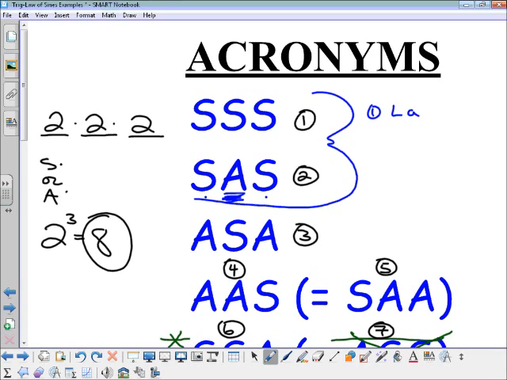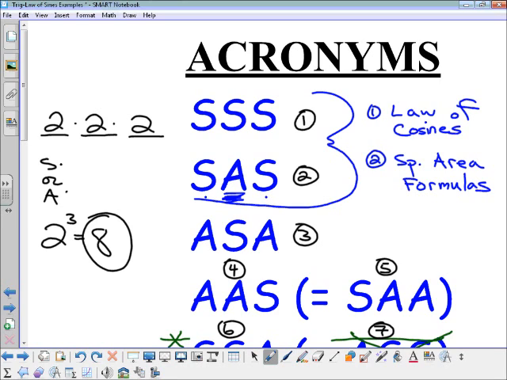One is law of cosines, which will be in a future video. And the second is they both have special area formulas, and we will learn those formulas when we do law of cosines.